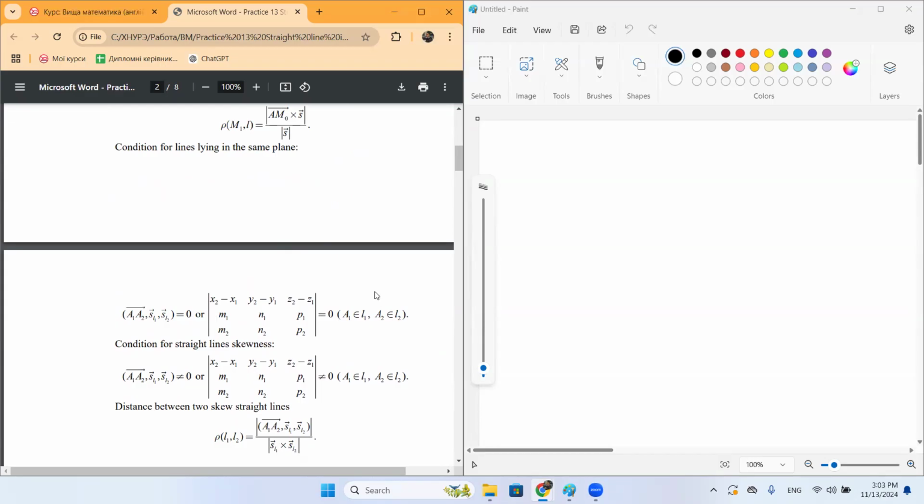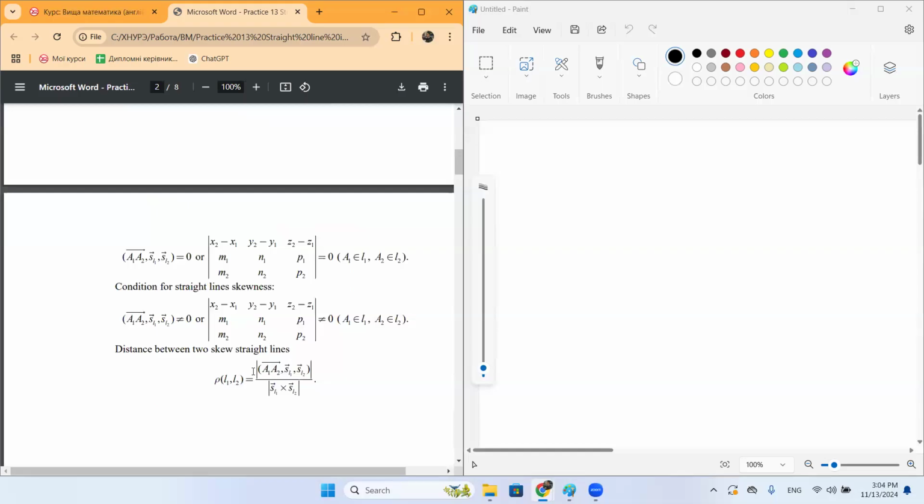And the condition for lines lying in the same plane: the mixed product of the direction vectors and the vector based on the points lying on each line. They are coplanar, so their mixed product is 0. And if they are not on the same plane, if they are skew, their mixed product is non-zero.